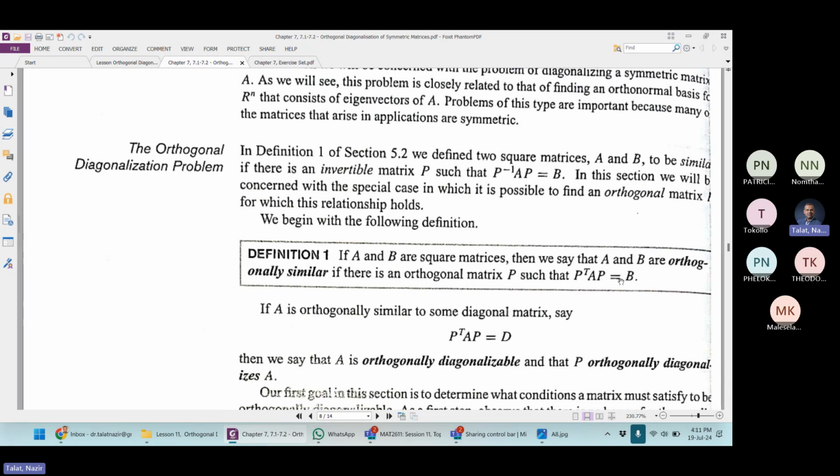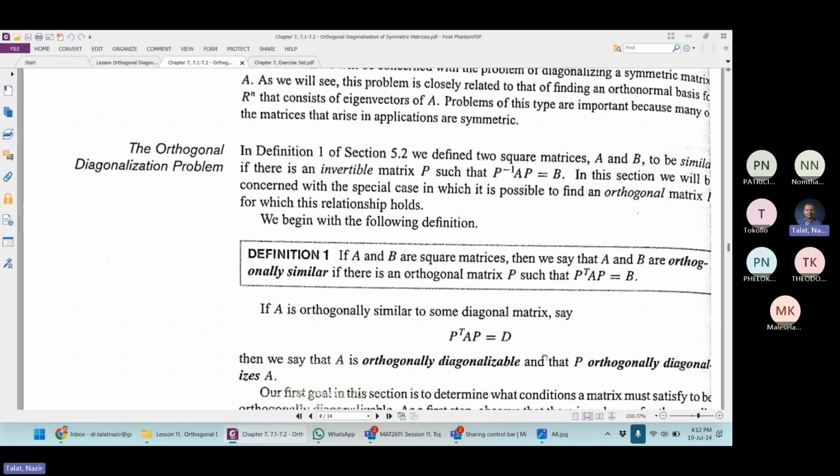Here you have to notice that in simple diagonalization we take a matrix P where, instead of P transpose, we take P inverse, like P inverse AP is equal to D. But in this case there is a little change, because instead of the inverse, we use the transpose of P. It means that if A is orthogonally similar to some diagonal matrix D, then the definition becomes P transpose AP is equal to D. And D will always contain the diagonal entries.